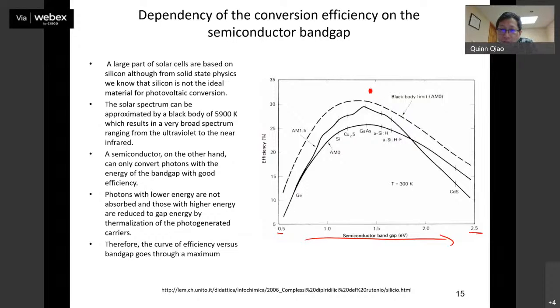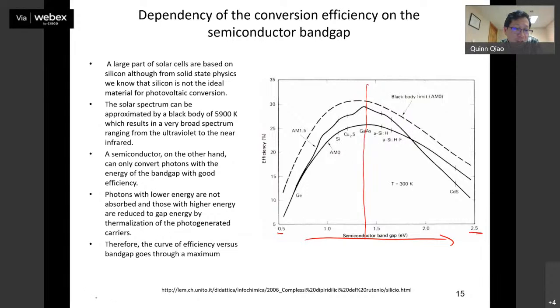If you look at these regions, you can see what gives you the maximum efficiency. Oh, I'm sorry, not that. The efficiency is basically these lines.